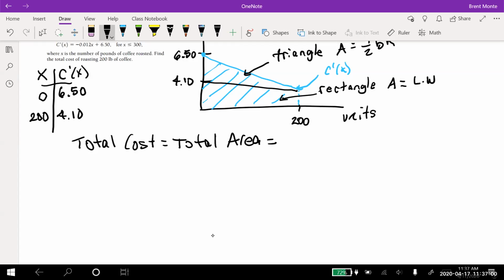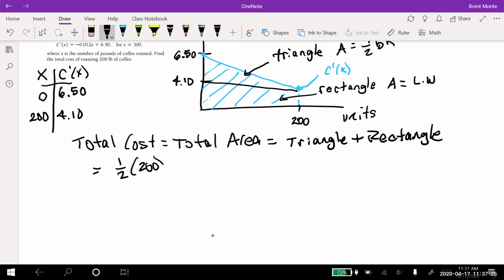So it's the triangle plus the rectangle. All right, so the triangle, 1/2, well, the base of that is this length of 200. That's the base of the triangle. So this up here is the same 200 as the bottom was. So it's 1/2 times 200.